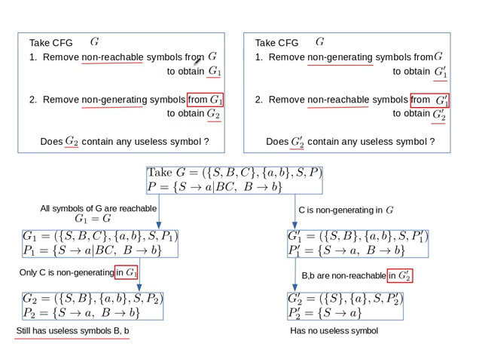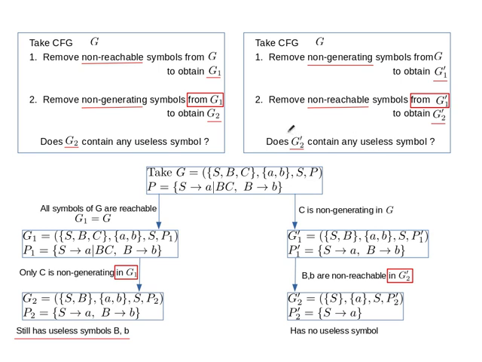And we can do almost a similar thing, but instead of removing the non-reachable first and then the non-generating, we first remove the non-generating, we get some equivalent grammar, and from this simpler grammar we remove the non-reachable to get an even simpler grammar, and then ask the same question: does this contain a useless symbol?